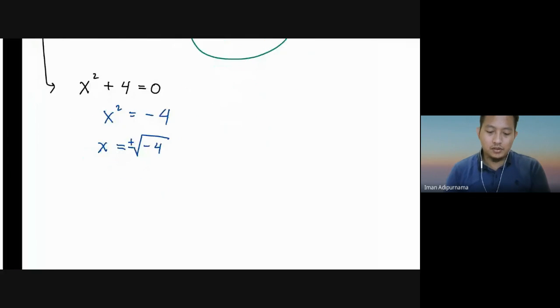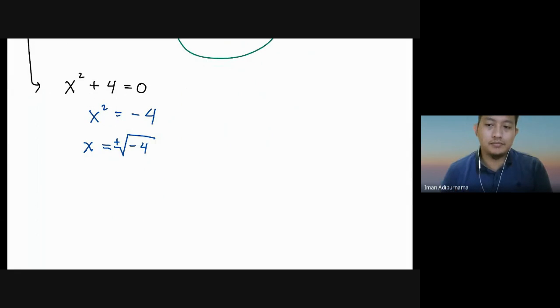If you are looking at the real numbers, as usually in calculus, we are solving in the real numbers, and we say that there are no solutions for this.